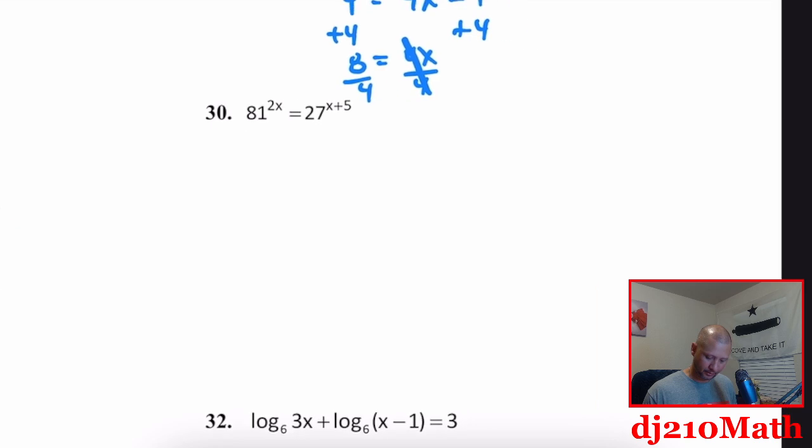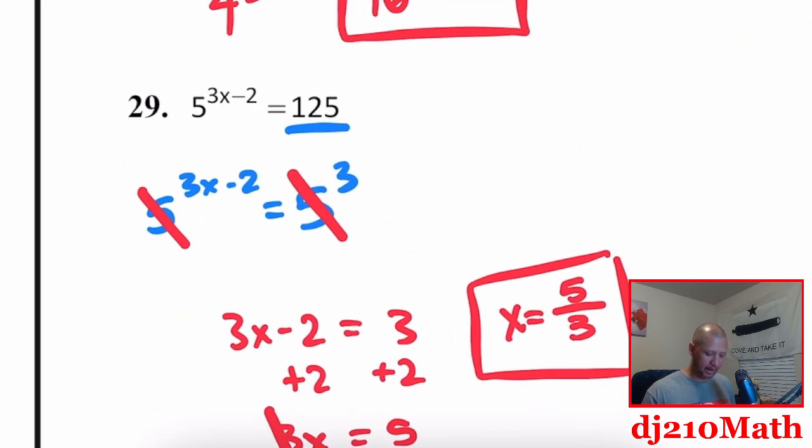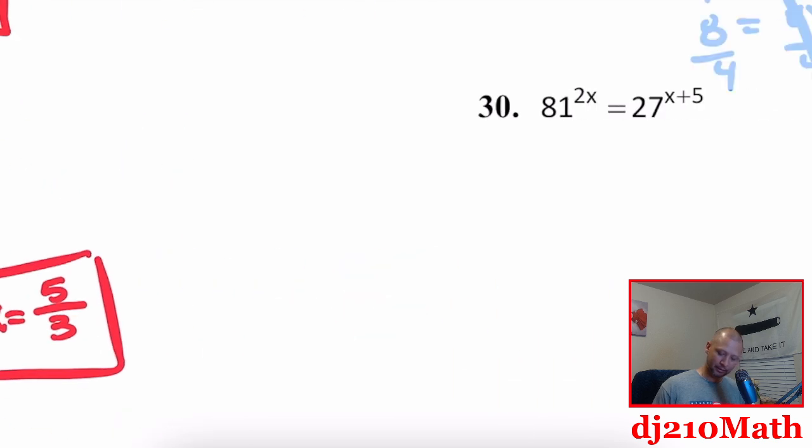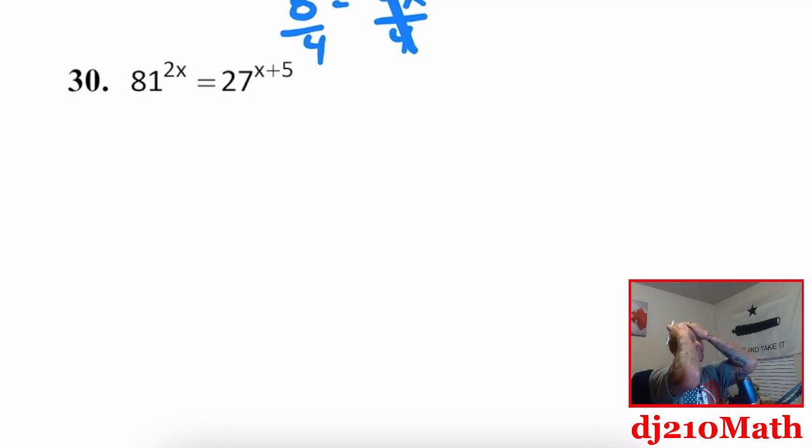All right, 30. So again, right here, I knew that I wanted this to be a 5 because I wanted this to happen, right? You need the lowest common base. With that being said, looking at this, we have to say, what is the lowest common base? Now, this is where your number sense kind of kicks in. 81 and 27.